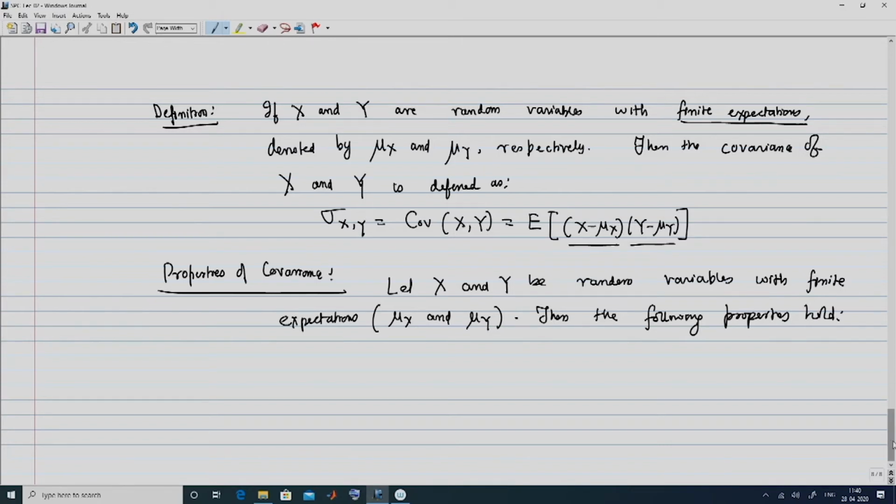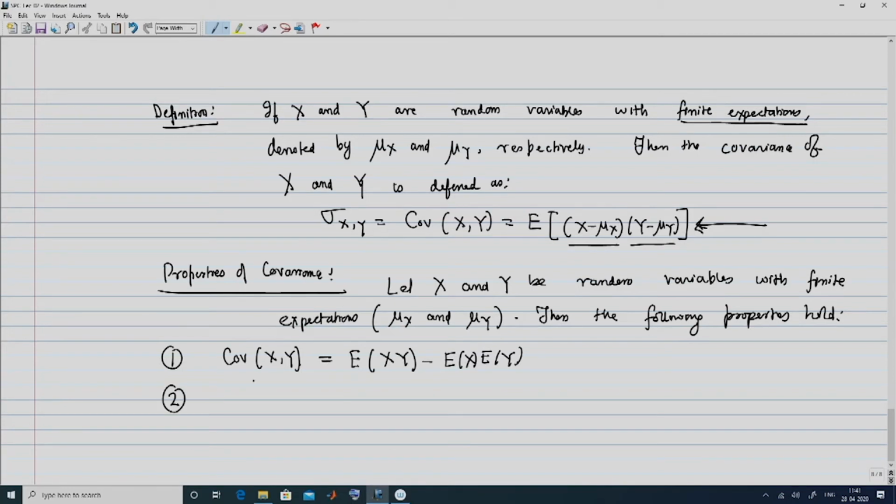The first property is the definition of covariance of x and y in terms of this value of the expectation, and we will give an alternative way of representing this. This expression that we have here will turn out to be equal to E of x y minus E x into E y.